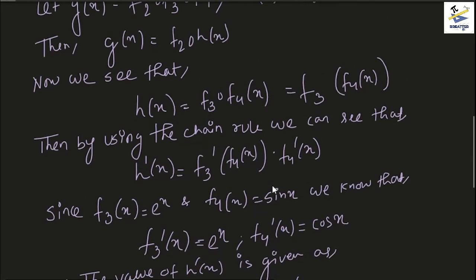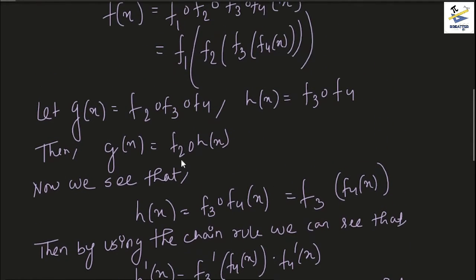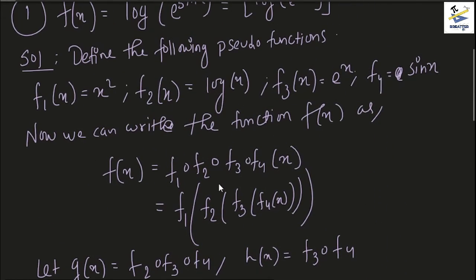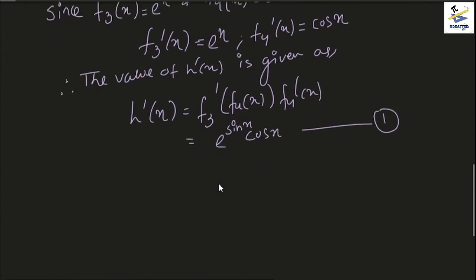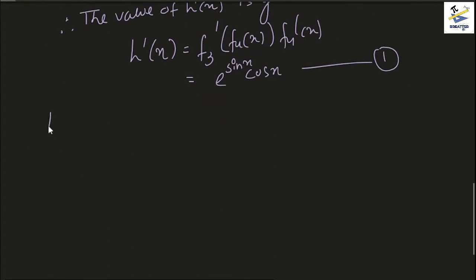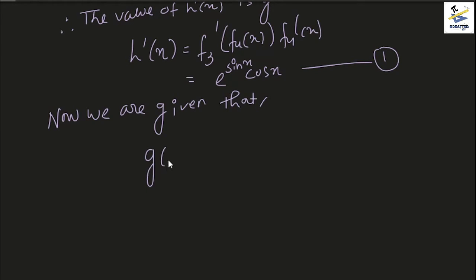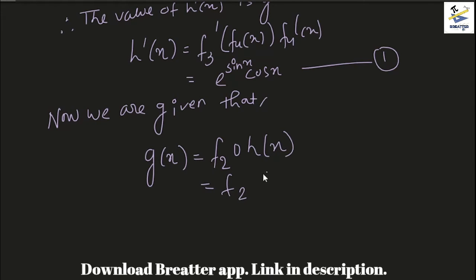So once we are done with h prime x, we would like to go on to g of x, and f2 is basically log x. So now we are given that g of x is equal to f2 of h x, right, which is basically f2 of hx.